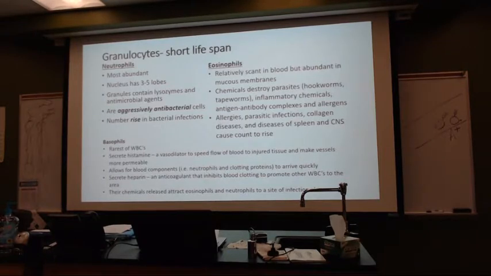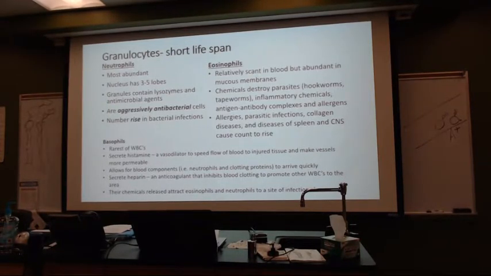All of these cells are identified based upon the structure of their nucleus. Each one has a very unique nucleus. That is how they are identified when they're looked at.